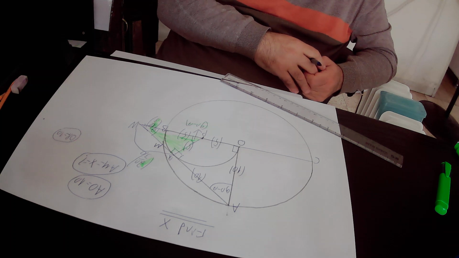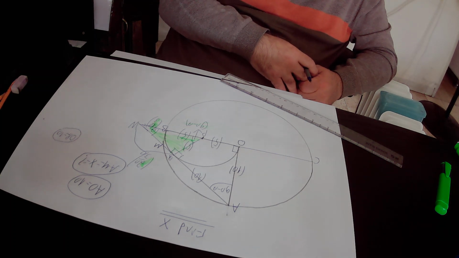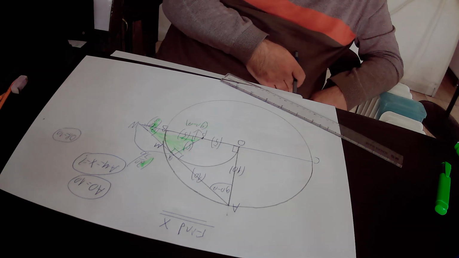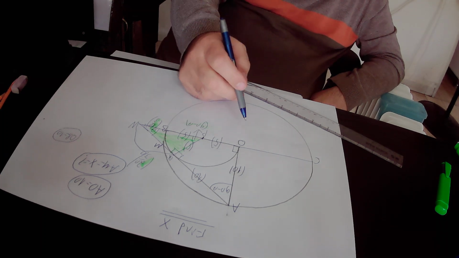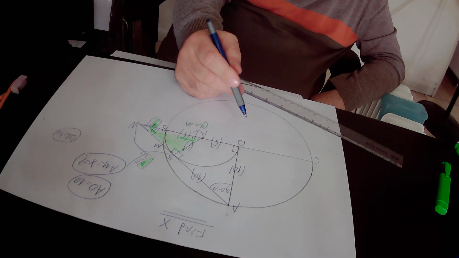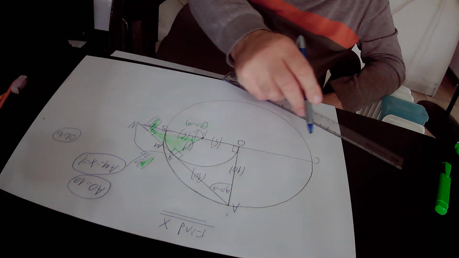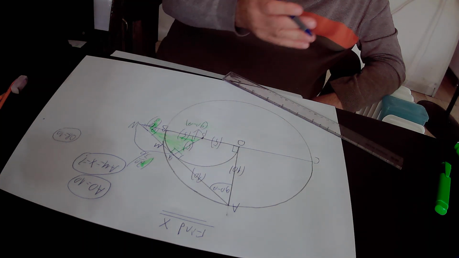In the next step, I will present to you a new rule. But before that, here point O is the center of this circle. Point C is the point on the circle itself, therefore OC is the radius of this circle.